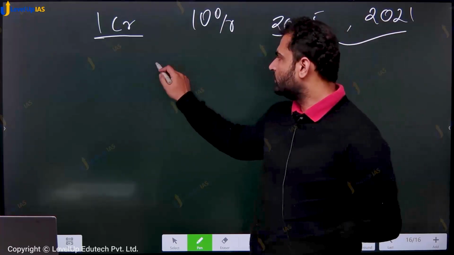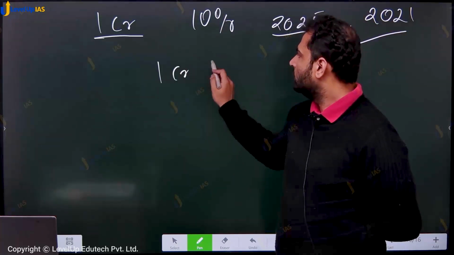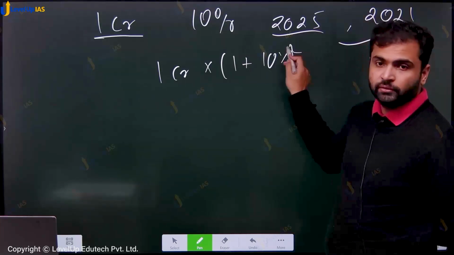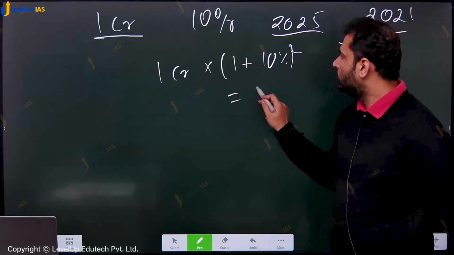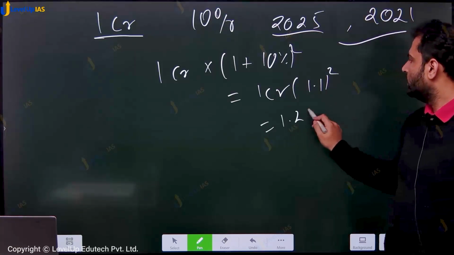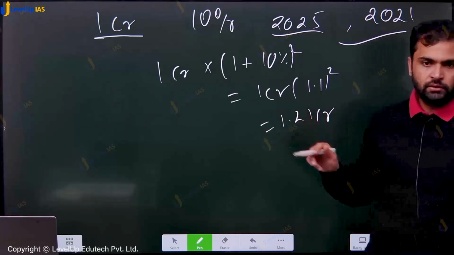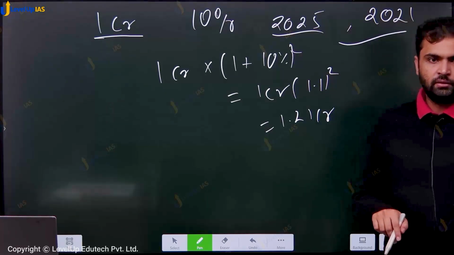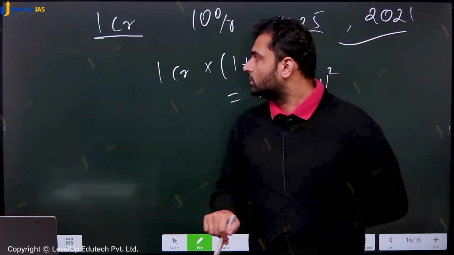तो पॉपुलेशन आफ्टर 2 years would be 1 CR into 1 plus 10% squared, equal to 1 CR into 1.1 squared, equal to 1.21 CR. ठीक है, 2 years ago, हाँ 81 lakh.